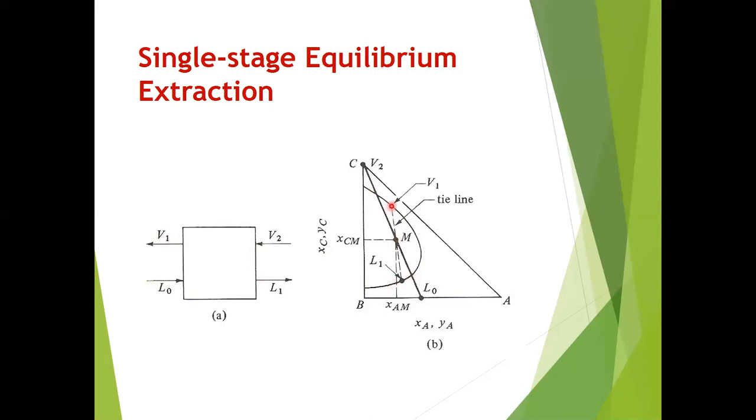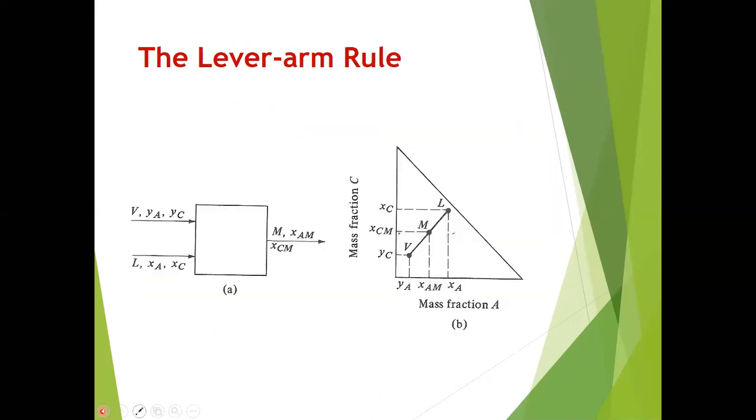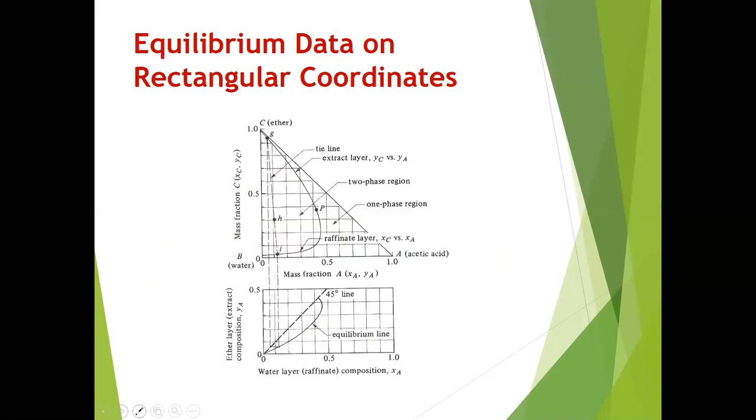So you can see here that this is the tie line, signifying that these two phases L1 and V1 are equilibrated because they are linked or connected by the equilibrium diagram below. So if you recall last meeting, it's something like this one. So from the raffinate, you go down to the curve. This is the equilibrium curve.